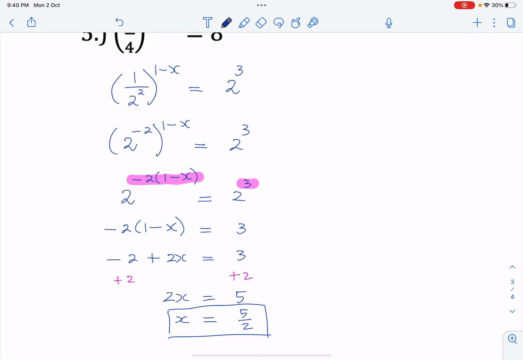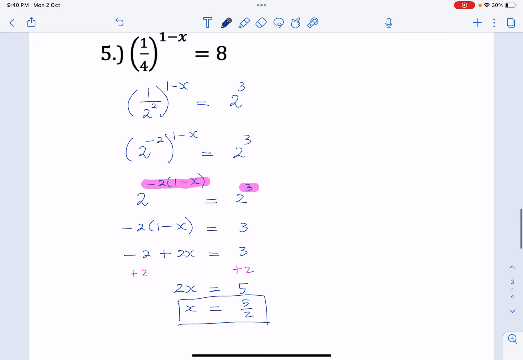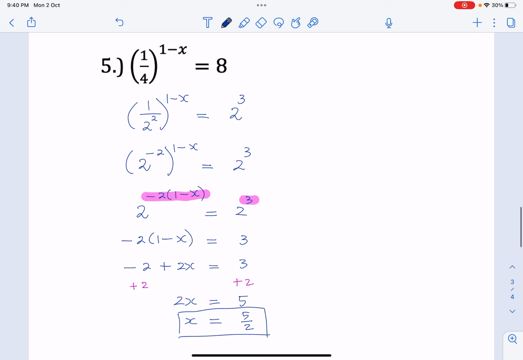So this is the final answer of this equation. All right, hopefully this is understandable and you can practice with the exercises. Good luck!